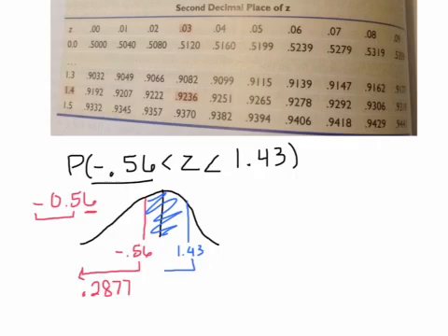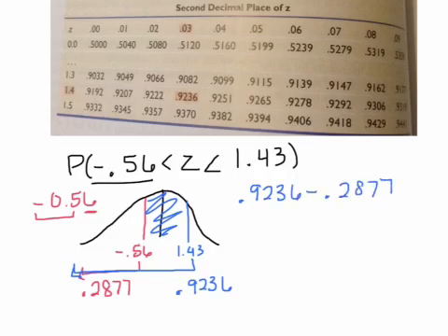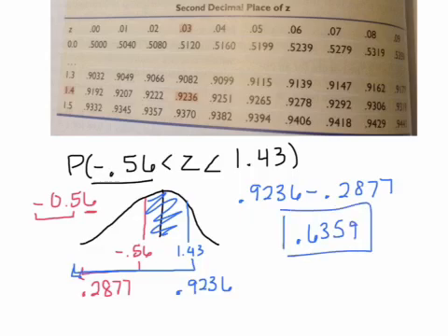Then I have to look at this one right here, which we found a few times, and that's 0.9236. When I subtract these two, I'm going to subtract away the overlap. So I take 0.9236, subtract 0.2877, and I get 0.6359. That's the information that falls in between those two pieces.